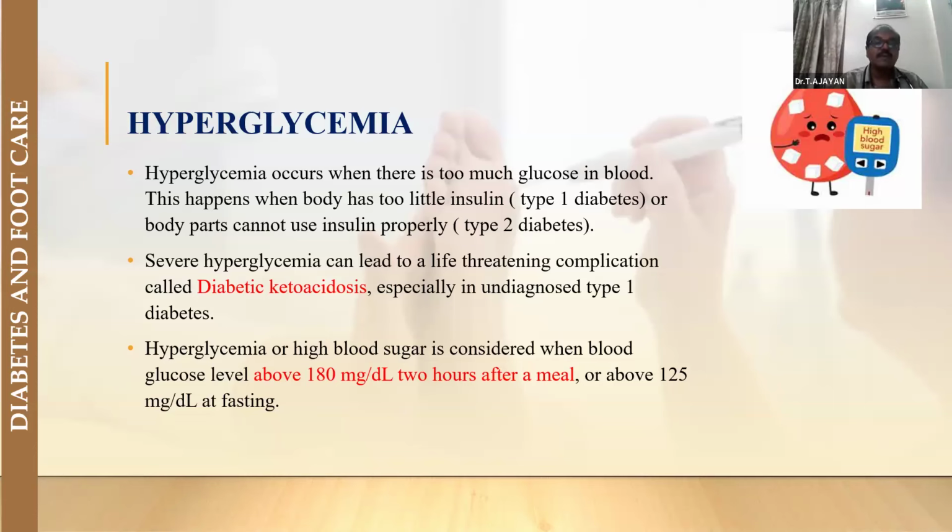Hyperglycemia, high blood glucose, is considered when the blood glucose level exceeds 180 milligram per deciliter 2 hours after a meal, or is above 125 milligram per deciliter fasting. Here, 180 milligram per deciliter is considered the renal threshold.